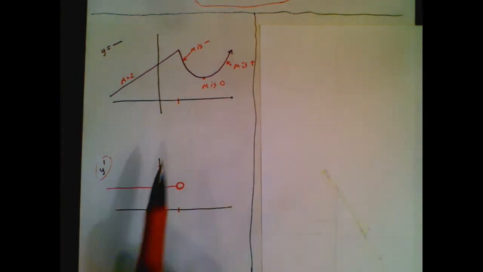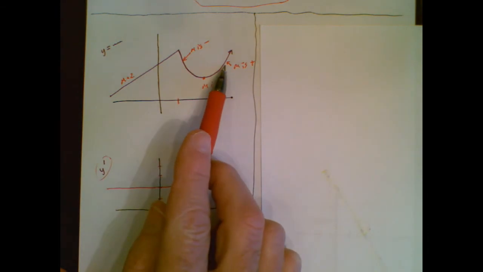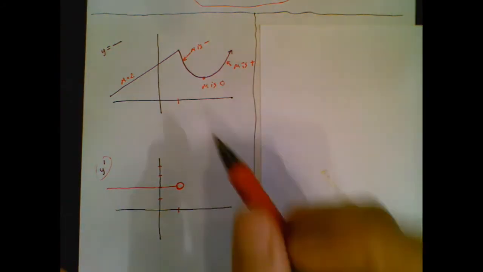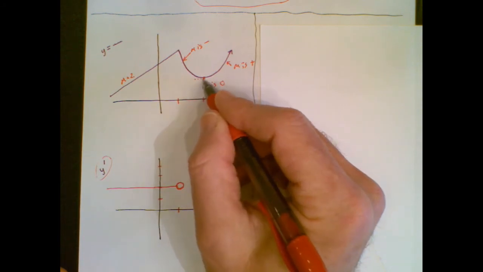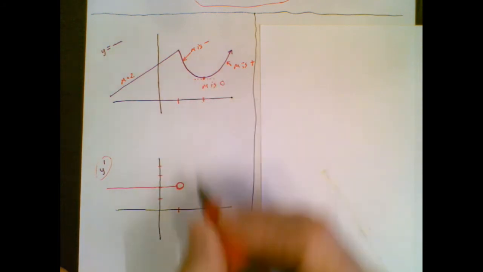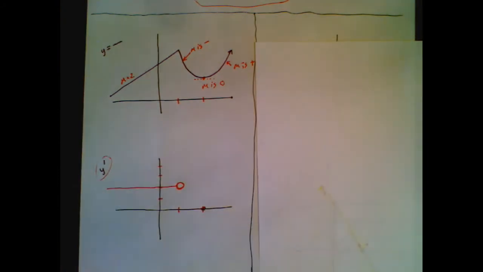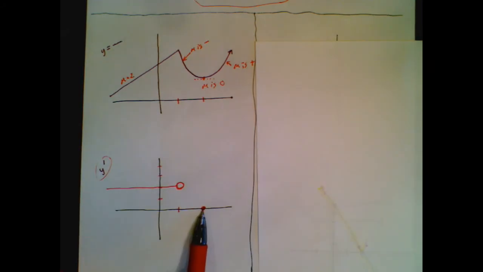So that tells me my derivative goes from negative to 0 to positive. That means the y values have to go from negative to 0 to positive. In fact, that's where my slope is 0, a horizontal tangent, famous like Johnny Cash, so I'm going to put a mark on here. My derivative is going to have to take on a value of 0 at that spot. Horizontal tangents and y values of 0 on the derivative graph go hand in hand.